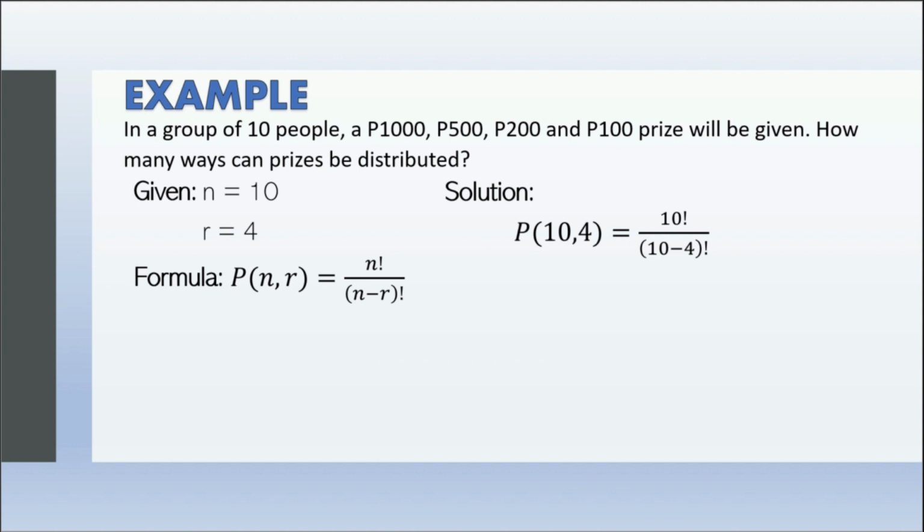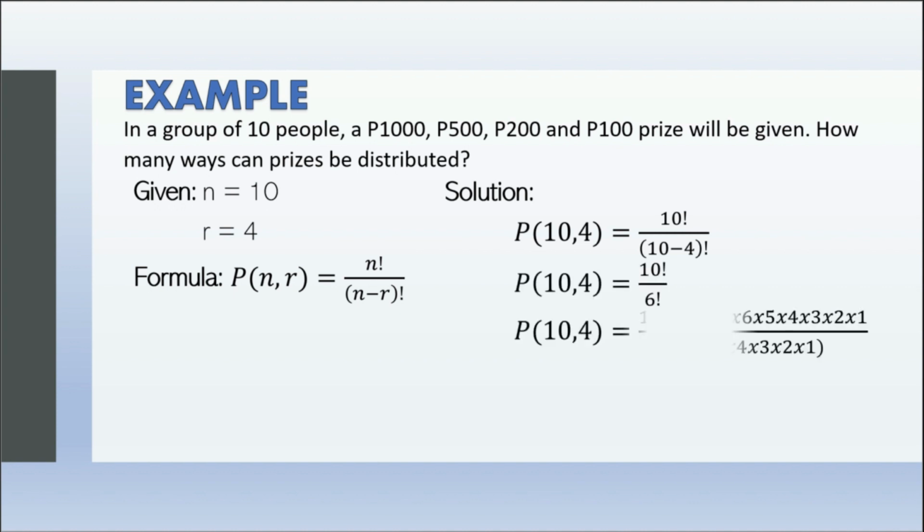factorial. 10 minus 4 is 6, then 10 factorial means 10 times 9 times 8 times 7 times 6 times 5 times 4 times 3 times 2 times 1. And 6 factorial is 6 times 5 times 4 times 3 times 2 times 1. And since we have similar terms, we will eliminate them.